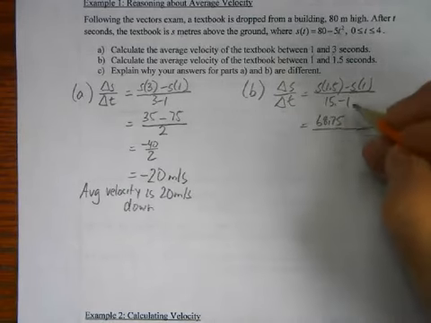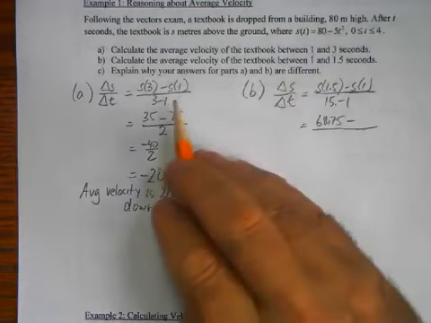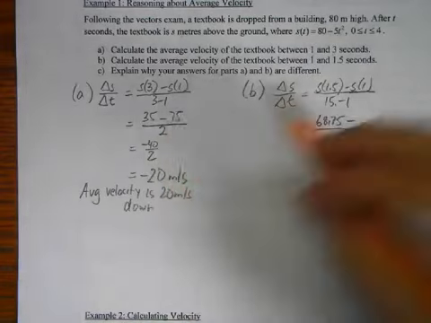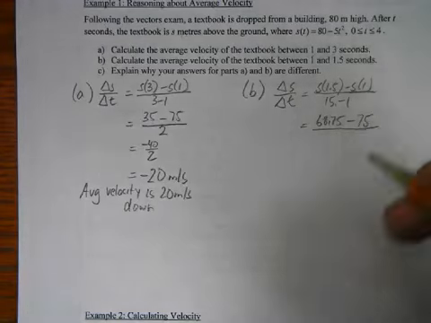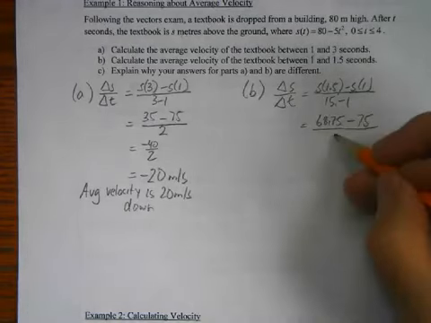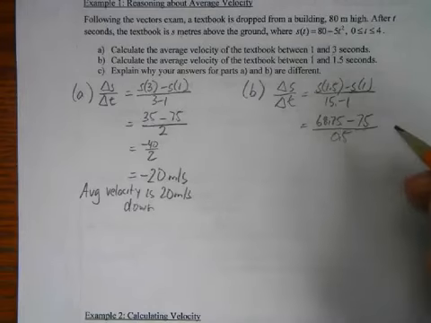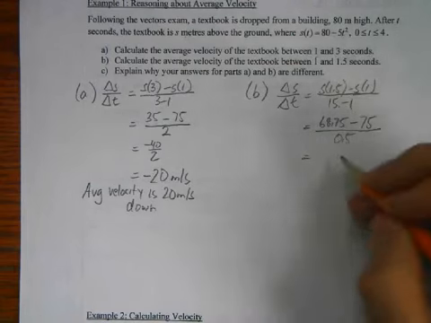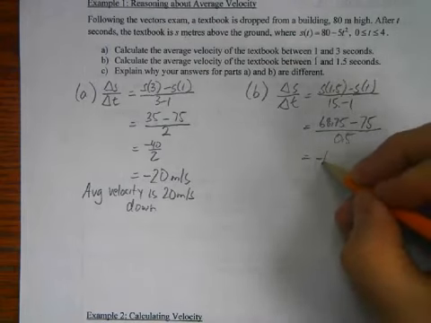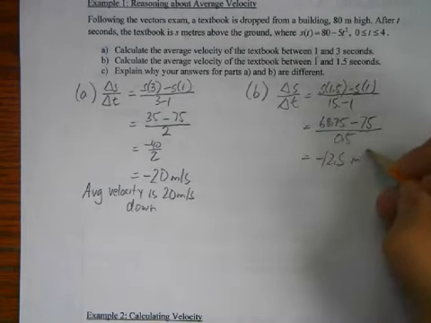So the height of the book after 1.5 seconds is 68.75. And we already know s of 1, we did that in the last question. That's a height of 75, the height after 1 second. And then it's going to be a 0.5 second difference. When we do the math here, we get negative 12.5 meters per second.